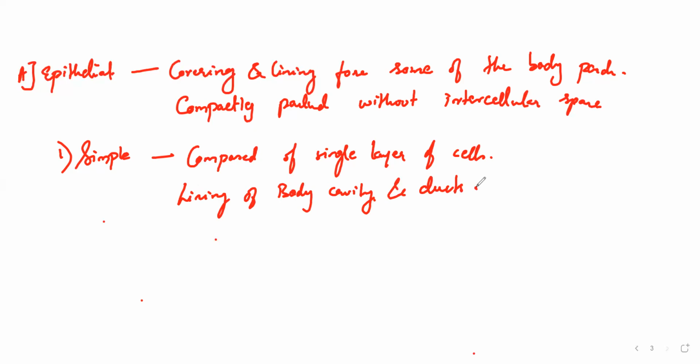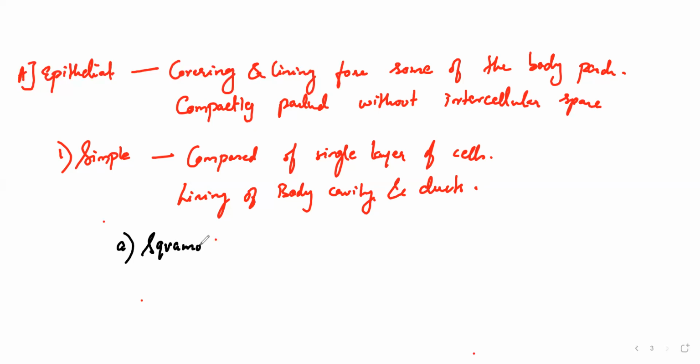Okay, so as I told you, under the simple, you have again the types. Now these types are on the basis of how they look, or the structure of the cells, like what is the shape of that particular cell. On that basis, this classification is done. Okay, so in the simple, the first one which we have is squamous.